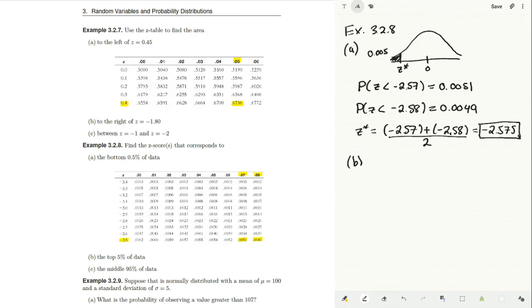So now let's find the z-score, which corresponds to the top 5% of data. So let's first draw the region, and we'll call the z-score that we're looking for z star. And so the area to the right of z star is 0.05.